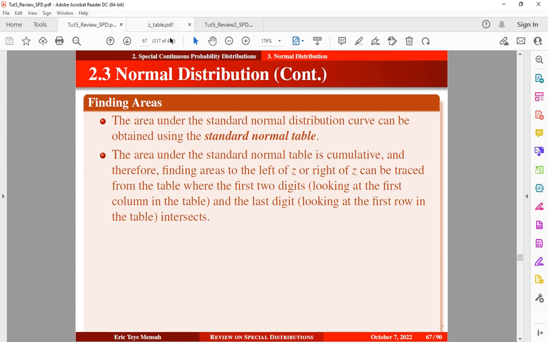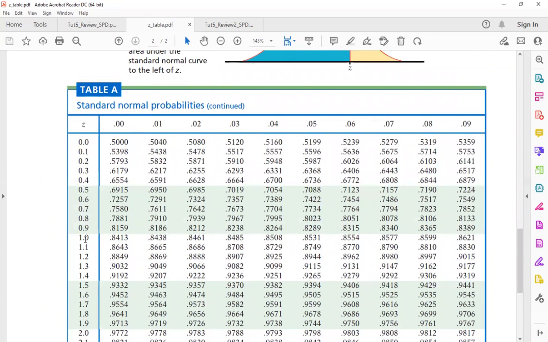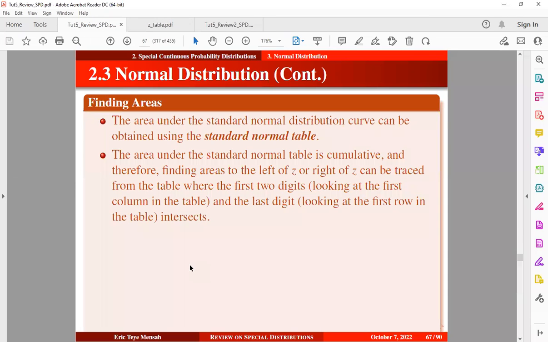For instance, if I want to look at 0.52, I'll first of all check the first two decades at the first column, so here 0.5, and the last decade, which is 2, can be traced at the first row of your table. So 0.2 is here and 0.5 is here. Where they intersect, you can pick the corresponding area. We'll take an example and learn how to read from the standard normal table. Now let's go back to our slide.